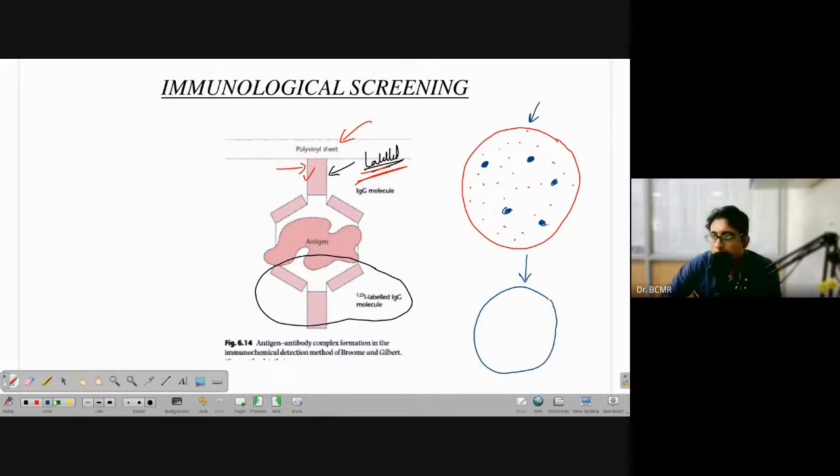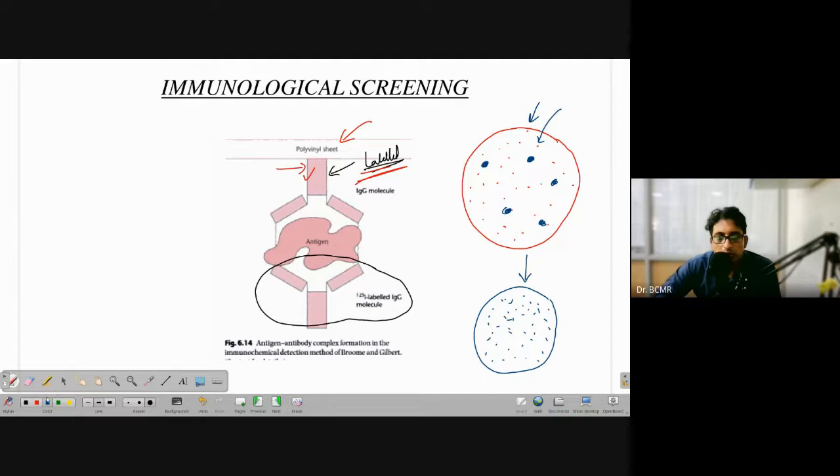Anybody, please? You'd expect signals everywhere, isn't it? Why would you expect signals everywhere? Because if you put labeled antibody like this already on the sheet, then the signal will be all over, irrespective of whether the antigen is bound or not.